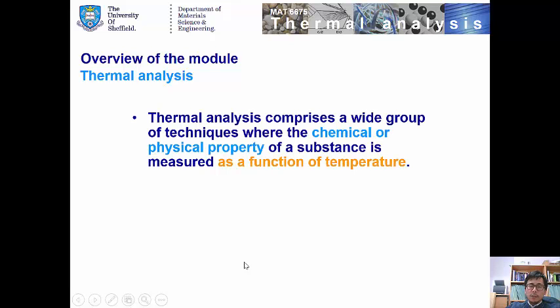So let's have a look at what thermal analysis is. This is a quite simple definition of thermal analysis, but usually it refers to a wide group of techniques to study chemical or physical properties of material, and they are usually subjected to a function of temperature.